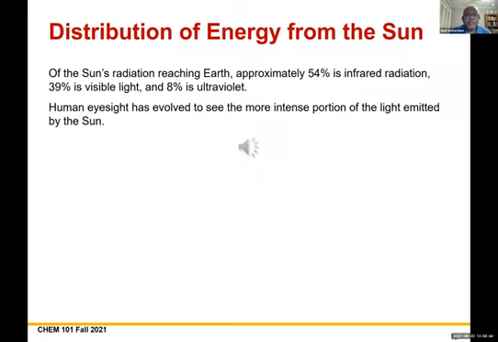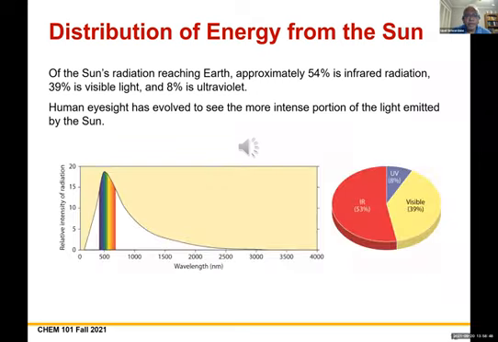The human eye can see only the visible region. If you look at the distribution, the peak is somewhere around 500 nanometers, the visible region.